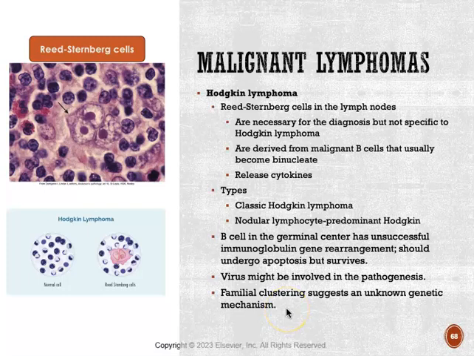We don't for sure know the cause of this type of lymphoma, but we know there's some type of viral involvement, and we discussed in the previous slide how it's typically due to the Epstein-Barr virus, but it could also be familial clustering, so there might be a genetic factor that plays a role that may cause these Reed-Sternberg cells to pop up. And just for a fun fact, since I said pop up, these cells are also referred to as popcorn cells because of the way they appear under the microscope.